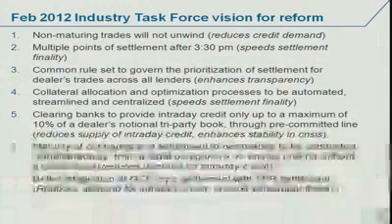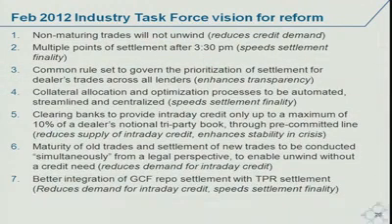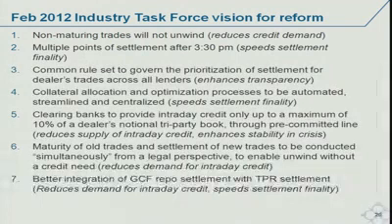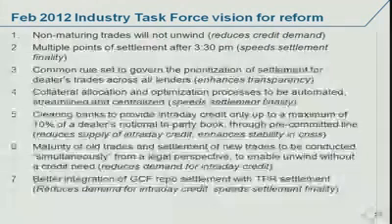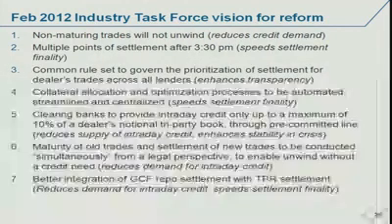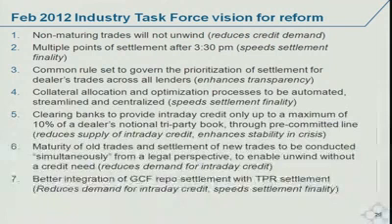This is a 7-point vision for reform that came out of the Industry Task Force's final report last February. I'm not going to go through every bullet. I know you can look through it. But it shows you the aspects of the process and practice that industry participants felt really needed to be changed to remove some of these sources of systemic risk from the institutional arrangements that were in play in March 2008.